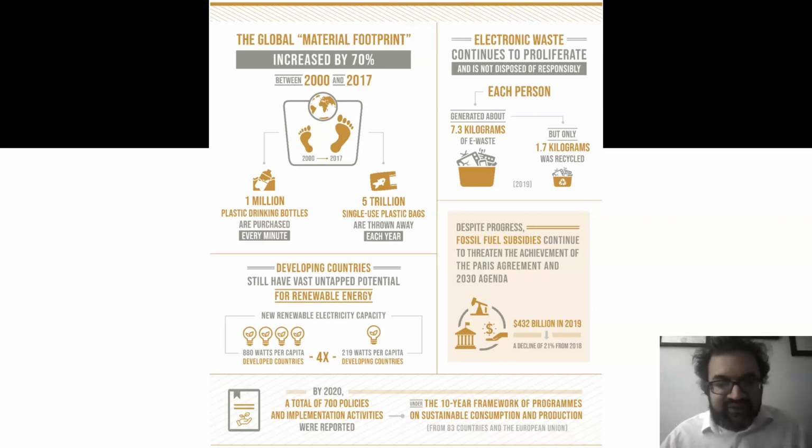So there is definitely a lot more renewable capacity in developed countries than developing countries, and it's important that we capitalize on that.